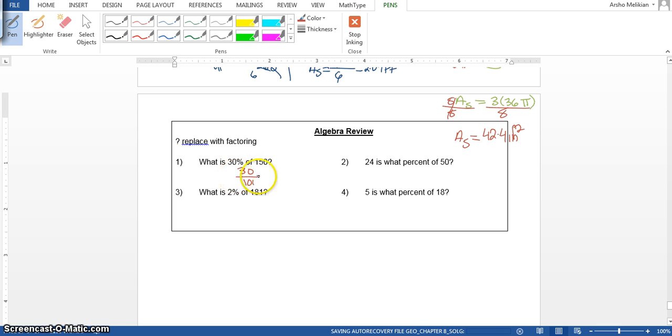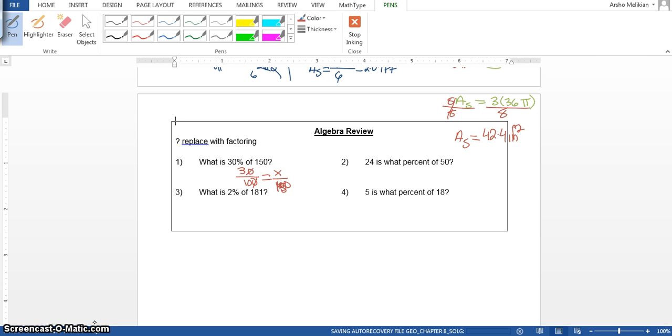So it'll be 30 over 100 equals x over 150. Now you can simplify.